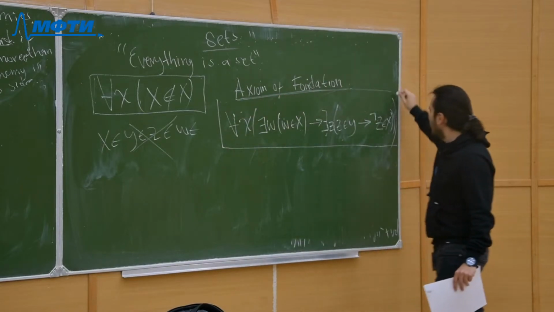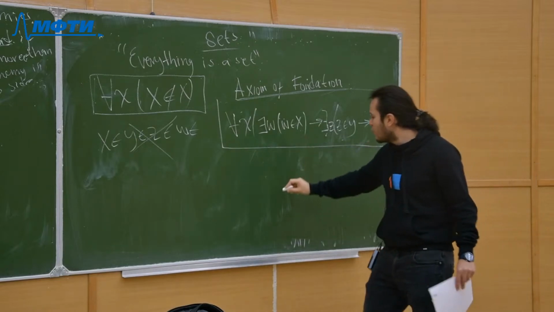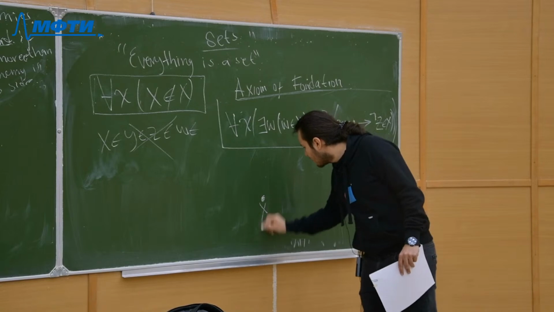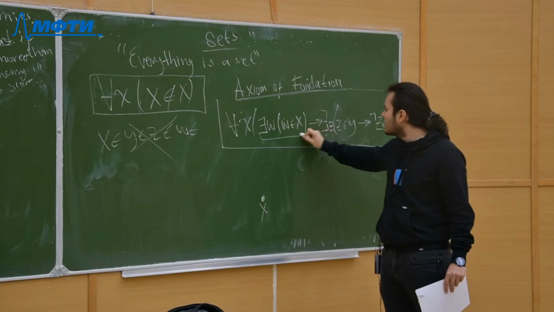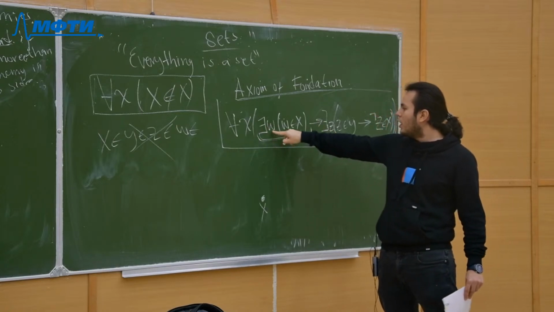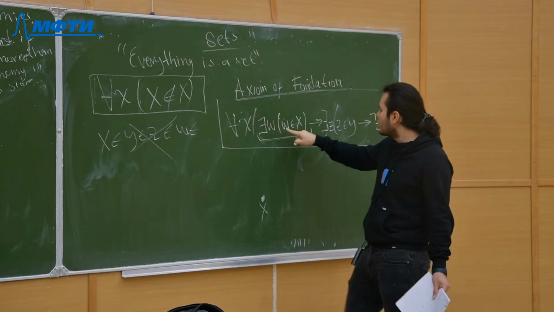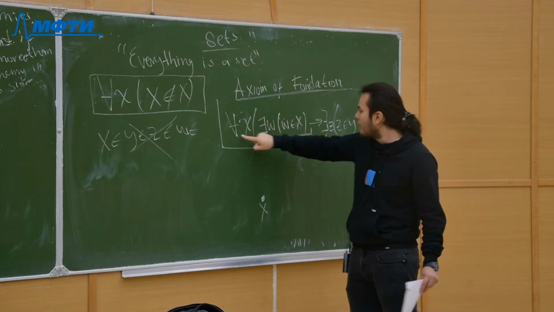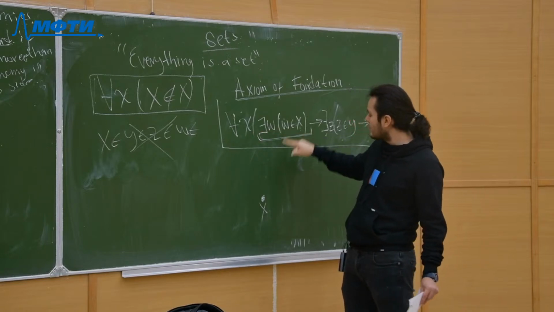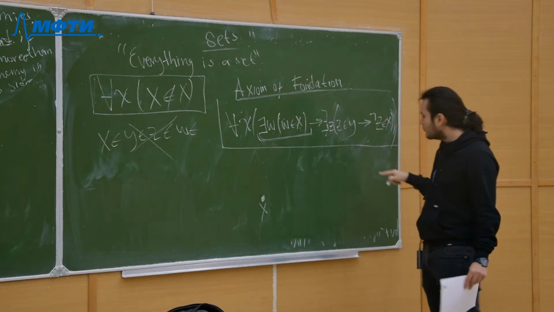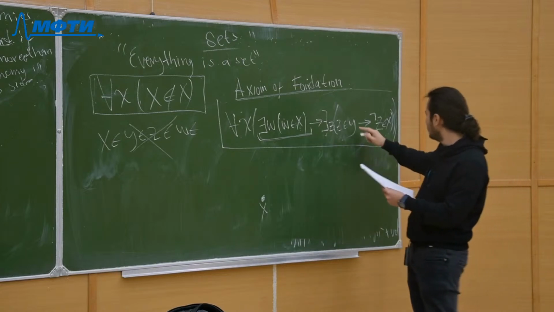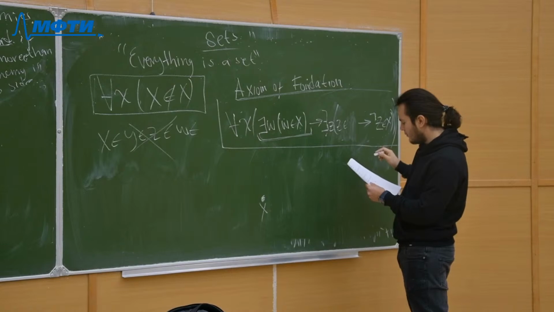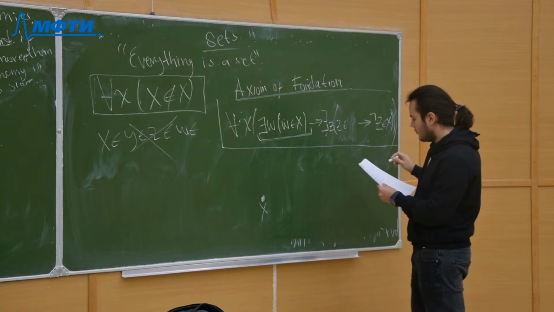Okay. What is written here is that if I have some set x and x is non-empty, so if there exists some w such that w is an element of x, then, should I write x, right? Wait.